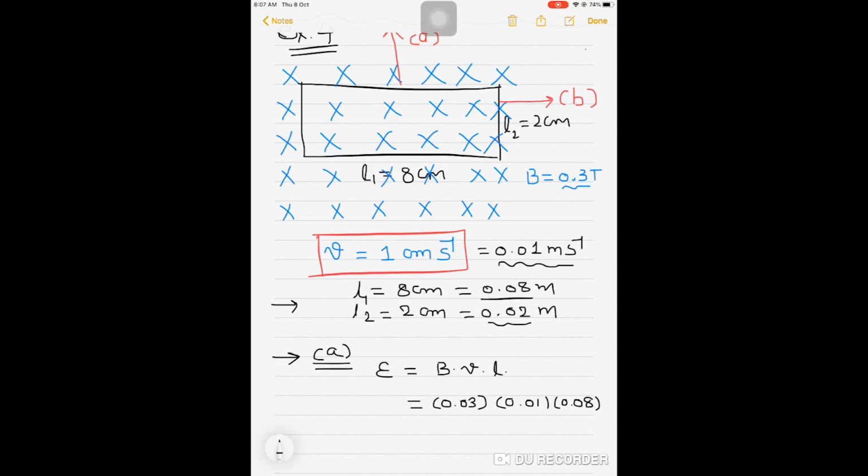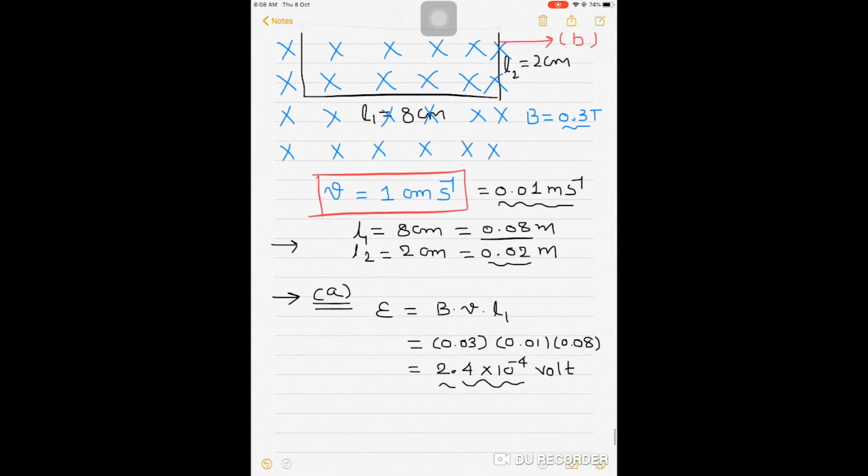So here we can say that the EMF produced in case 1 is BVL1, and that comes out to be 8 threes are 24, so 2.4 into 10 raised to minus 4 volt. So this is part 1. Now in the second question they have given that the shorter side is moving.